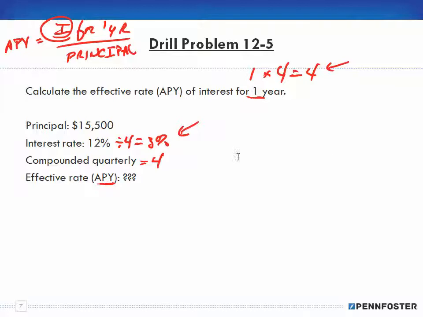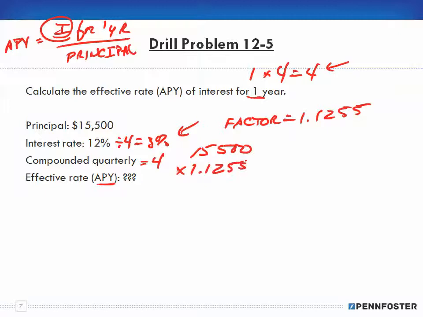So our factor is 1.1255. We still need to figure out how much interest, so we have 15,500 times the 1.1255, and that's going to give us a total, which is both the principal and the interest.